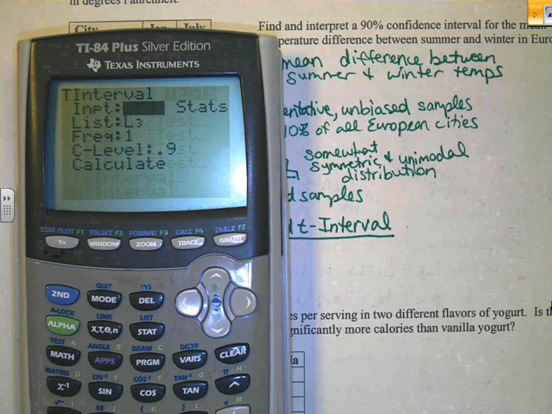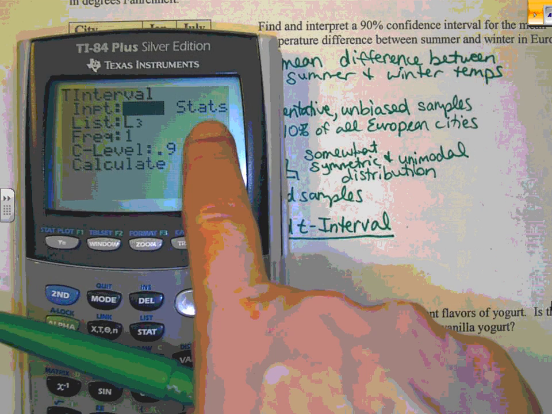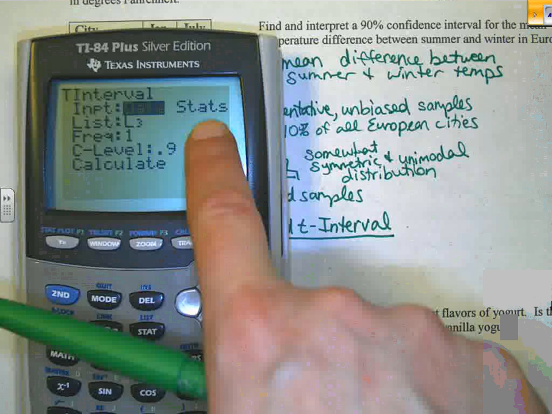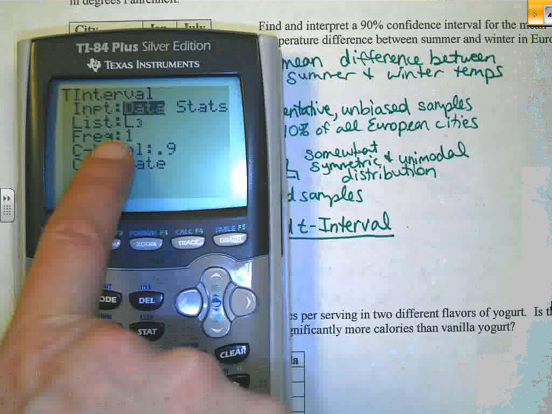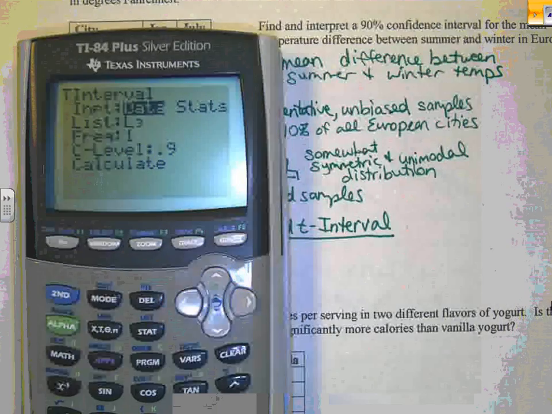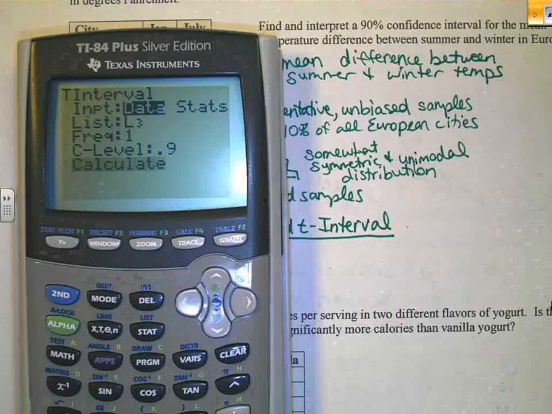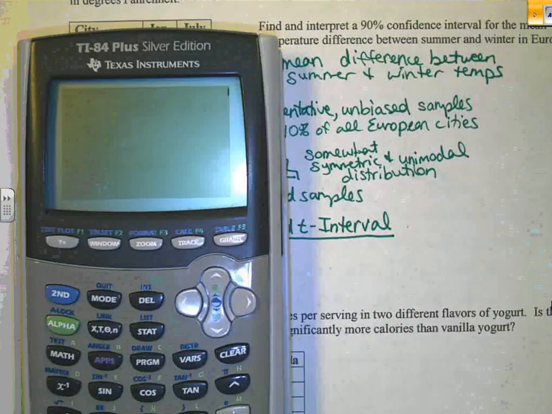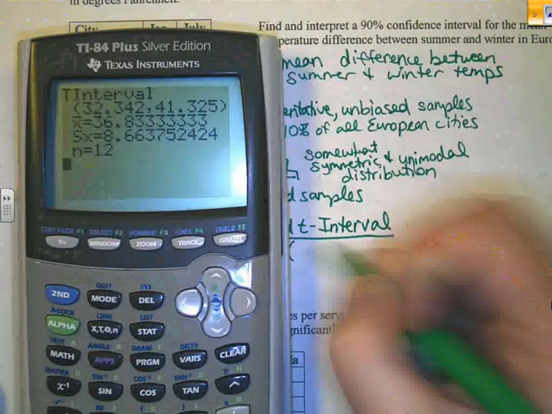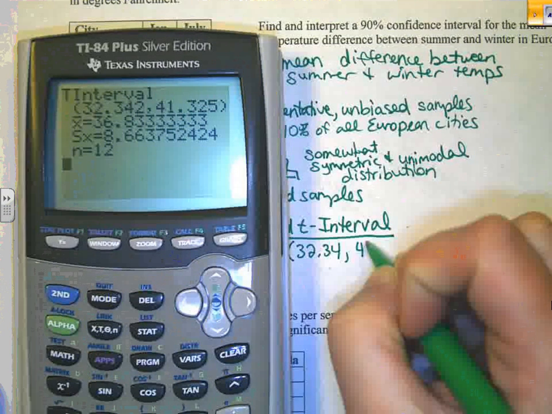If yours automatically goes to stats, mine did earlier today, just go back to data, make sure your list says L3, frequency is 1, and then is this 90%? Yeah. Calculate. So that's your interval.